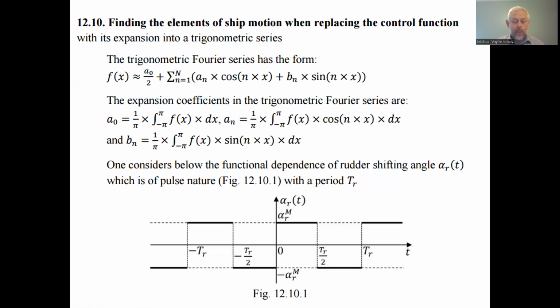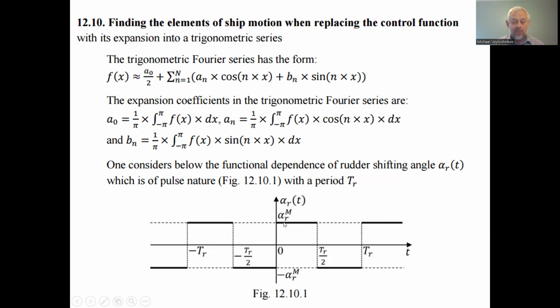But as well, we can use a non-analytical substitute of the control function. For example, here on diagram 12.10.1, on the dependence on time, is indicated an optional type of diagram of the turning rudder, the periodic diagram of the impulse type of rudder turning with amplitude of alpha rm.